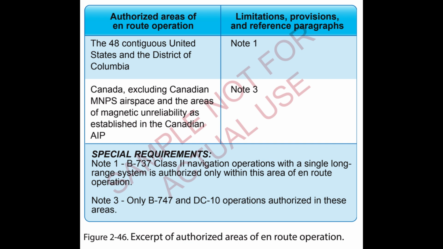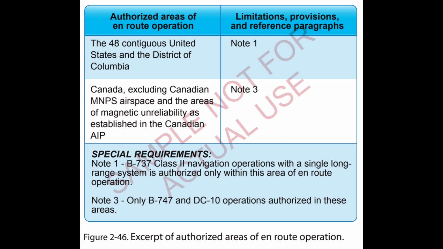Special fuel reserves in international operations. 5. Planned in-flight redispatch or re-release en route. 6. Extended over-water operations using a single long-range communication system. 7. Operations in Reduced Vertical Separation Minimum RVSM airspace.